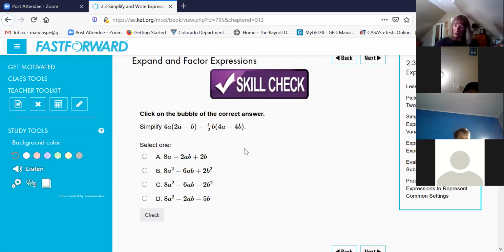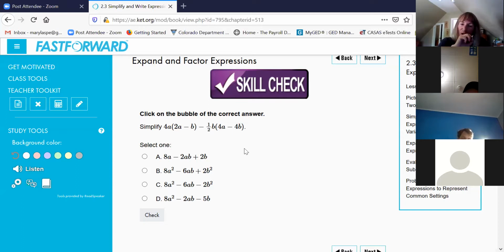Now, this other one, I'm hesitating because I'm not sure what's the easiest way to teach this. I'm going to teach it that subtract a half b times 4a minus 4b. That subtract 1/2 b is what we're going to multiply both things by in the parentheses. And you have to keep the sign with the 1/2.